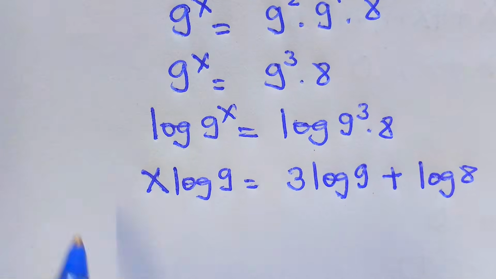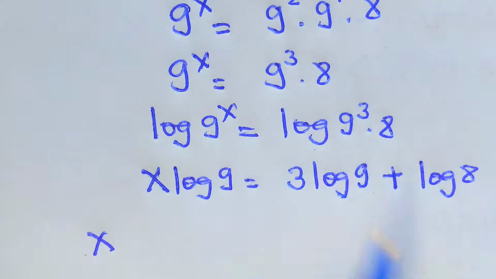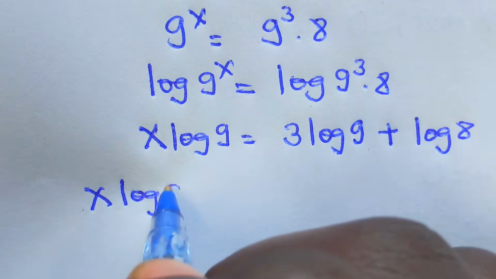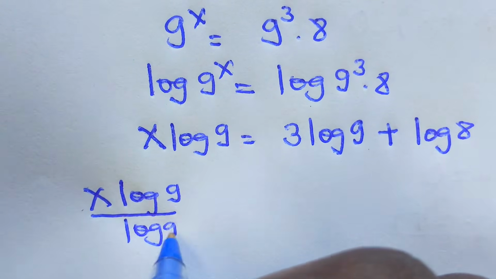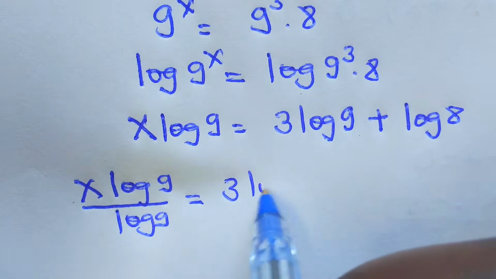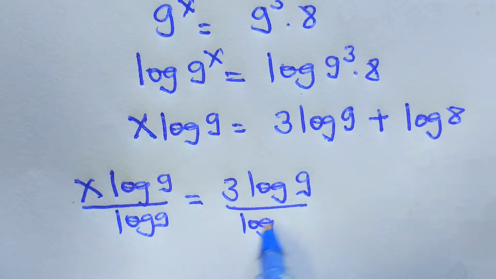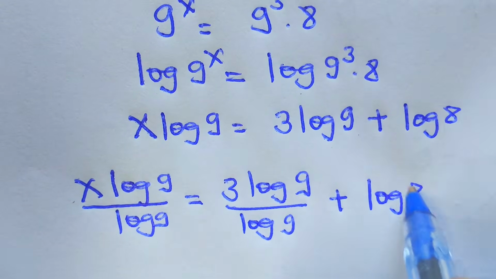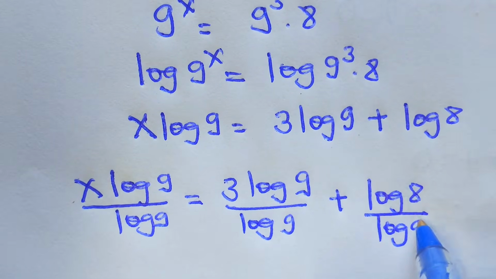Right, so here you're supposed to divide to write x: x logarithm of 9, then divide by logarithm of 9, equals 3 logarithm of 9 over logarithm of 9 plus logarithm of 8 over logarithm of 9.